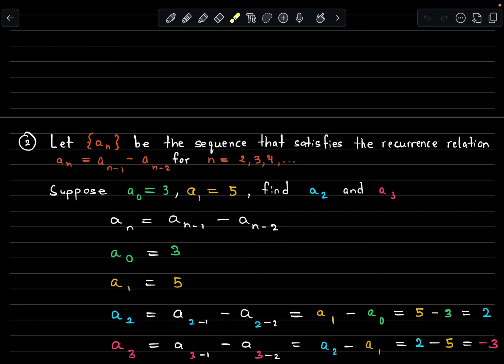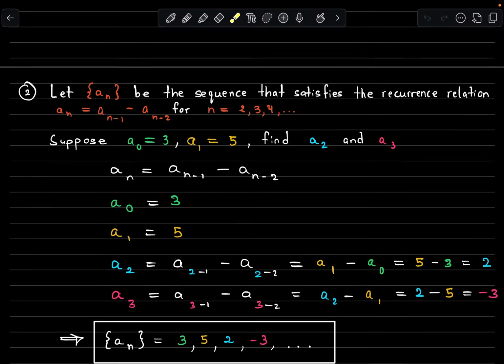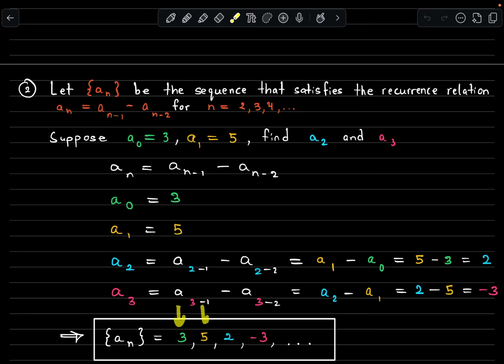A3 is similarly going to be the difference between A2 and A1. Okay, go ahead, plug in that value for A2 that we just figured out. 2 minus 5, that's going to give us negative 3. So our sequence is going to look something like this: 3, 5, 2, -3, and so on.